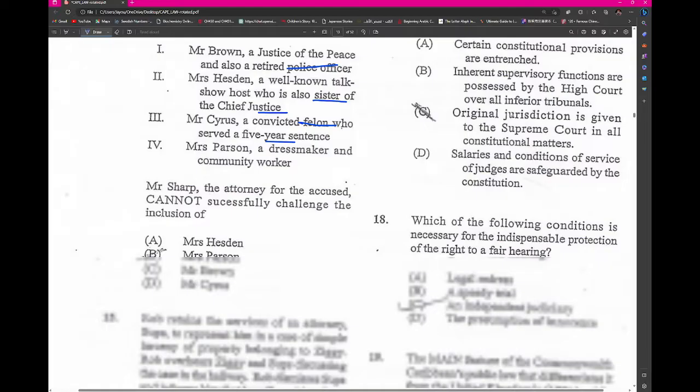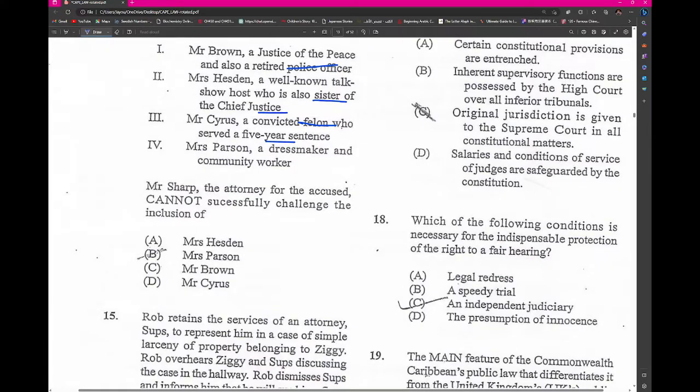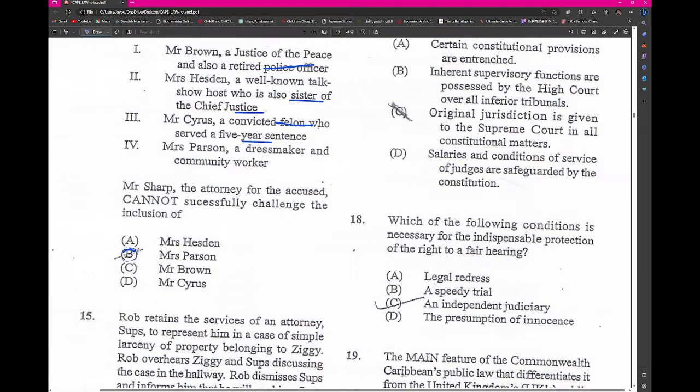Mr. Sharp, the attorney for the accused, cannot successfully challenge the inclusion of Miss Pearson, I guess.